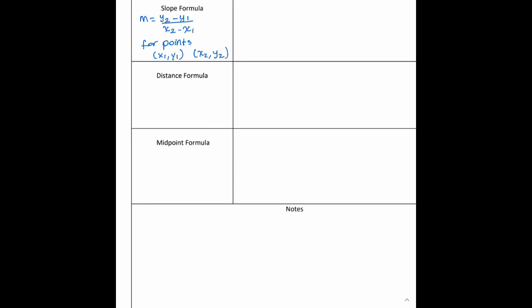And then our distance formula is x2 minus x1 to the second power plus y2 minus y1 to the second power.